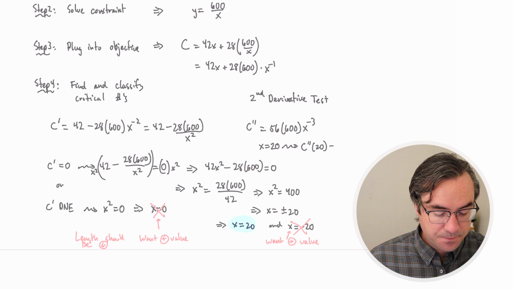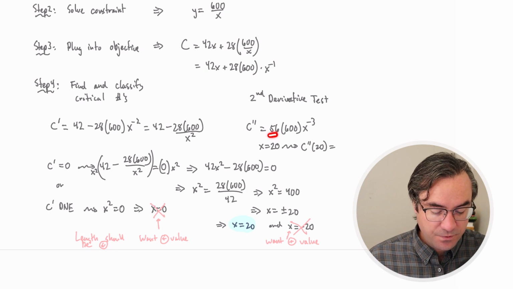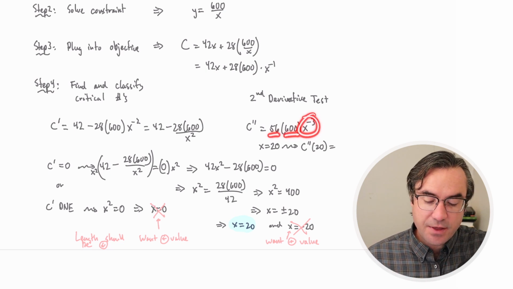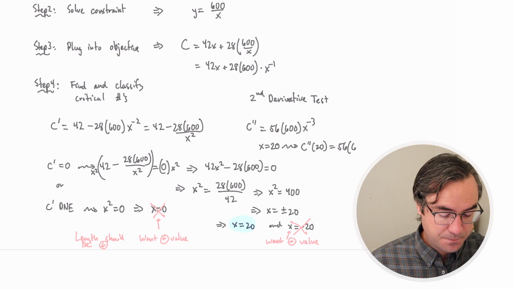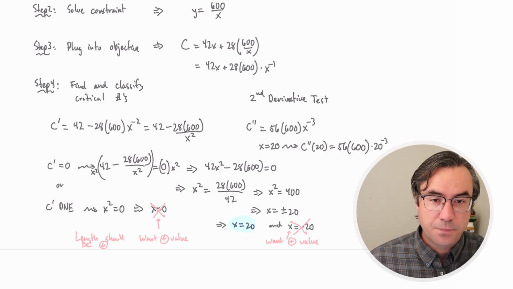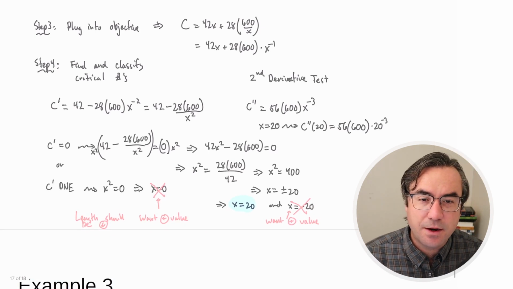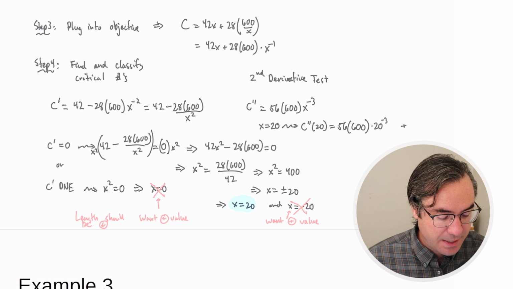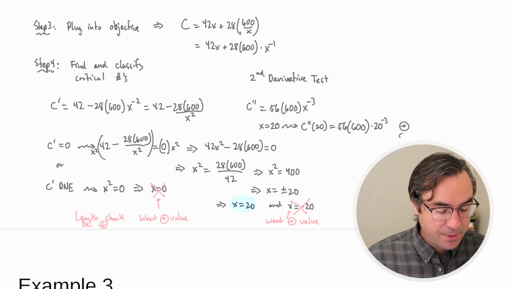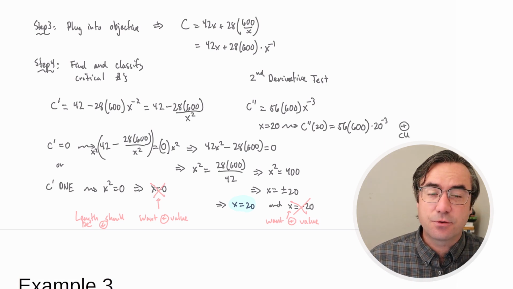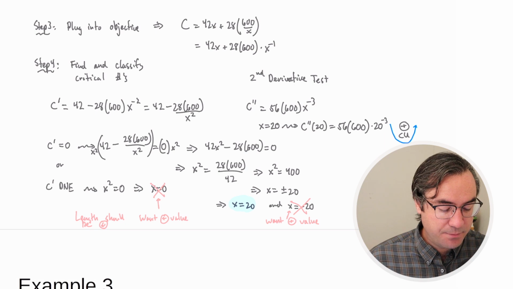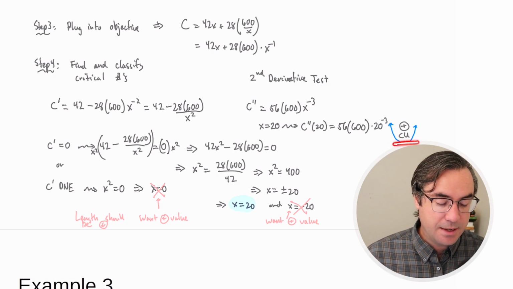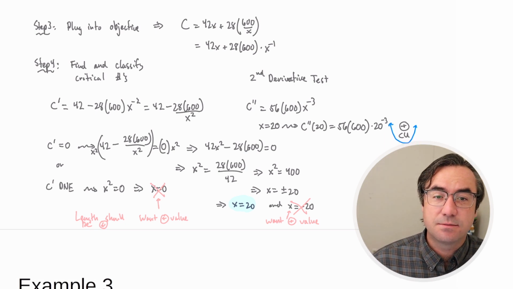In this case, we get 56 times 600, and then 20 raised to the negative 3 is also positive. So we don't really care what that number is exactly. We just care that this is positive. And if we think about what positive second derivative means, it means concave up. Draw the concave up shape. And that is a local min.